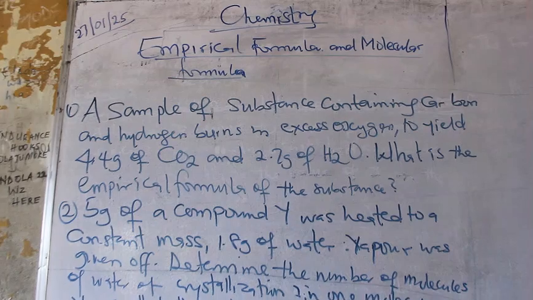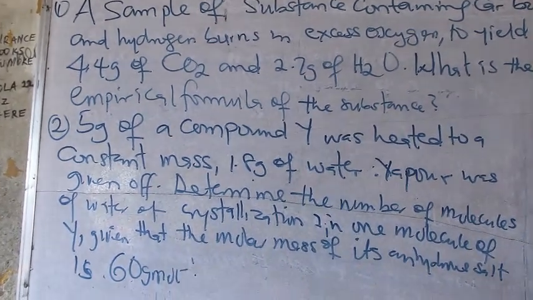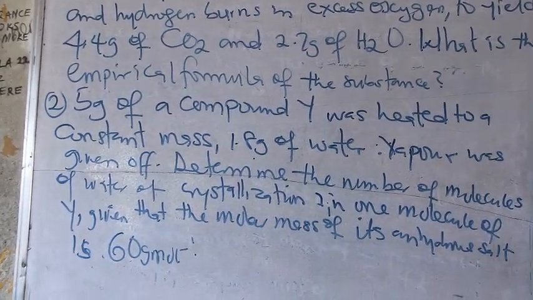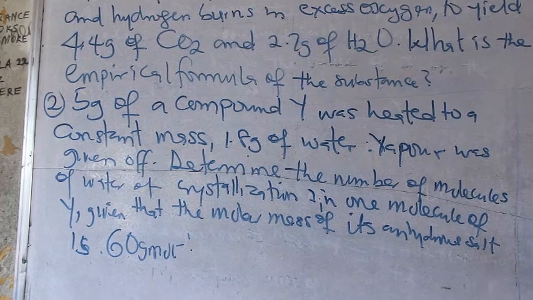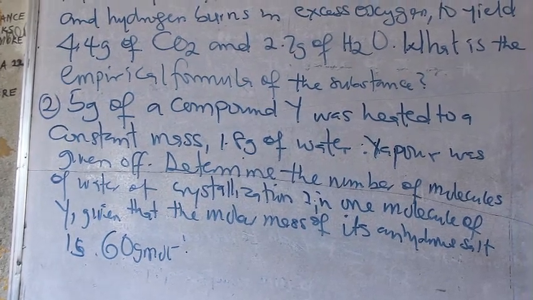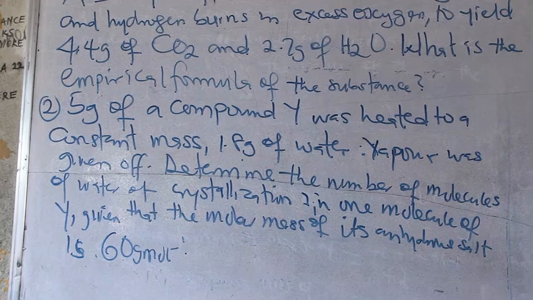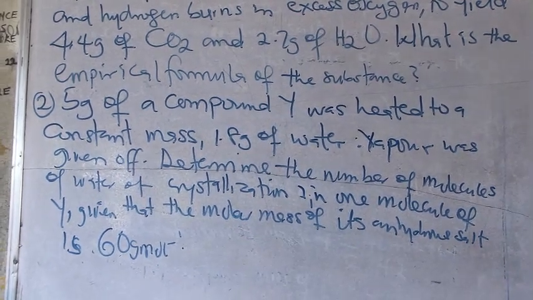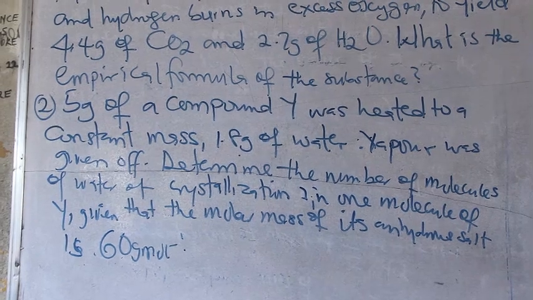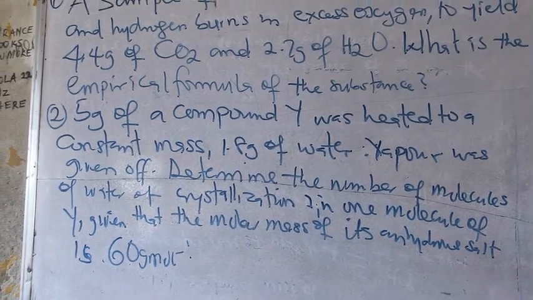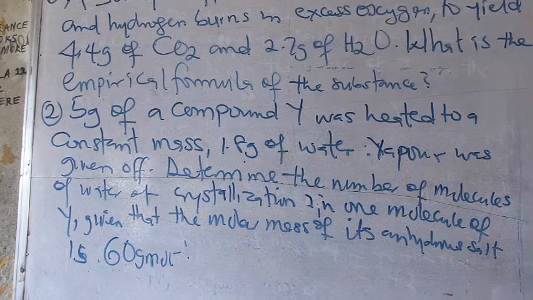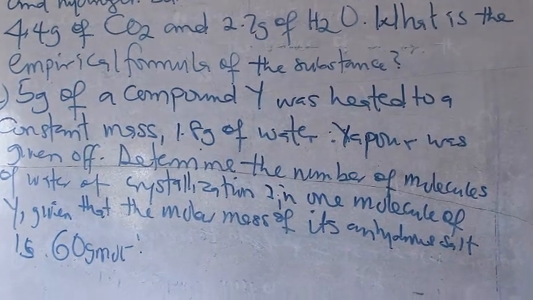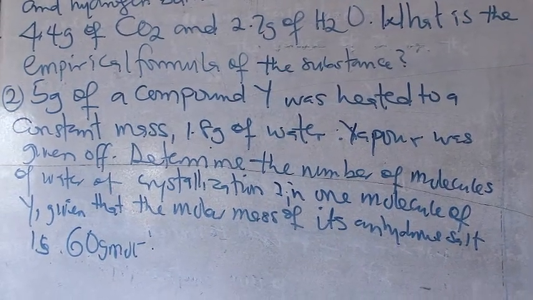Then number 2: 5 grams of a compound Y was heated to a constant mass. 1.8 grams of water vapor was given off. Determine the number of molecules of water of crystallization in 1 molecule of Y, given that the molar mass of its anhydrous salt is 60 grams per mole.